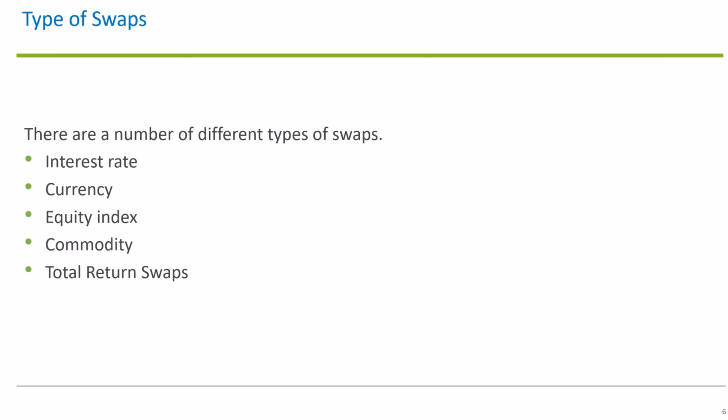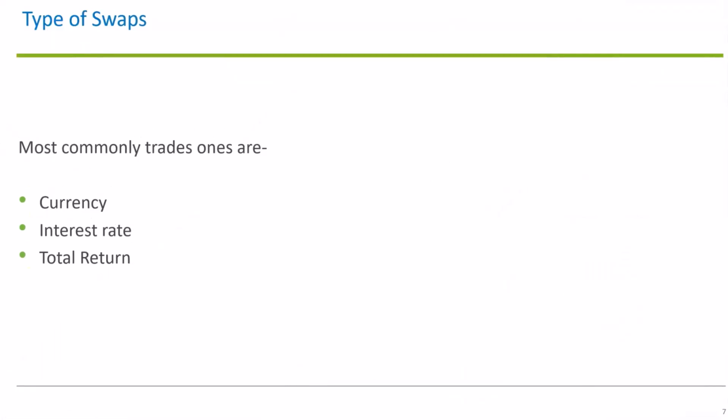These are some of the very popular ones in the market. Okay, but we have limited time to discuss in detail all of these swaps. So we will go with the most commonly traded ones, which are like currency swap, interest rate swap, and total return swap.